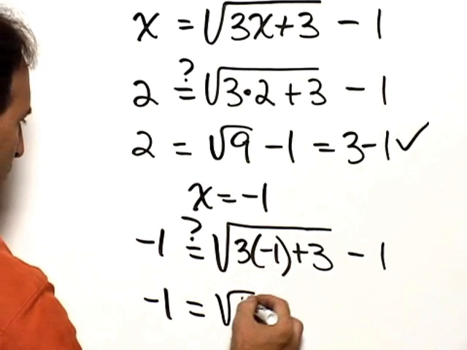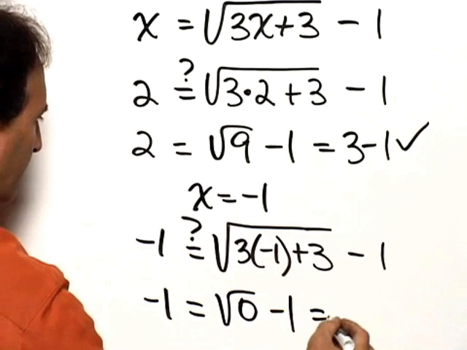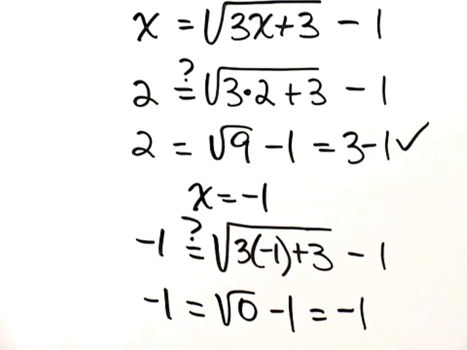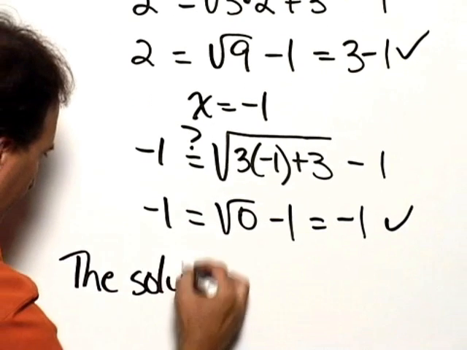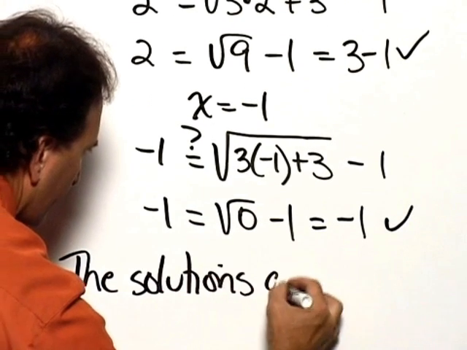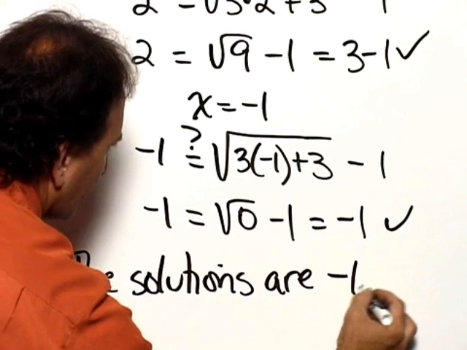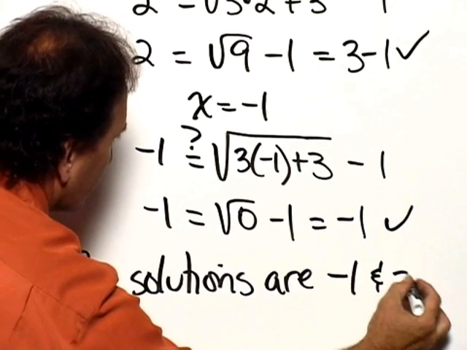So this is the square root of 0 minus 1, which of course is equal to negative 1. And so it also checks. Both numbers work, so the solutions are negative 1 and 2.